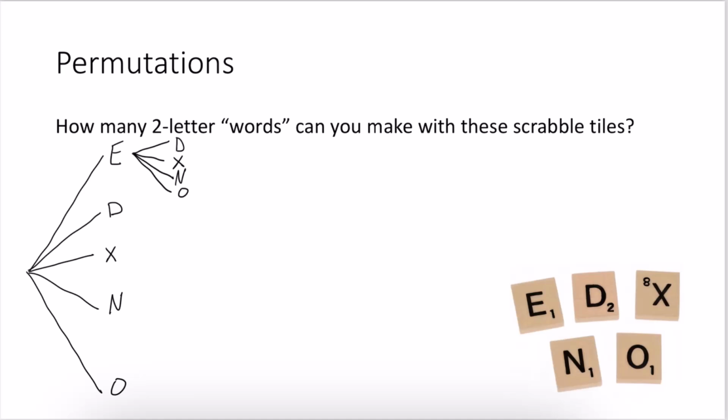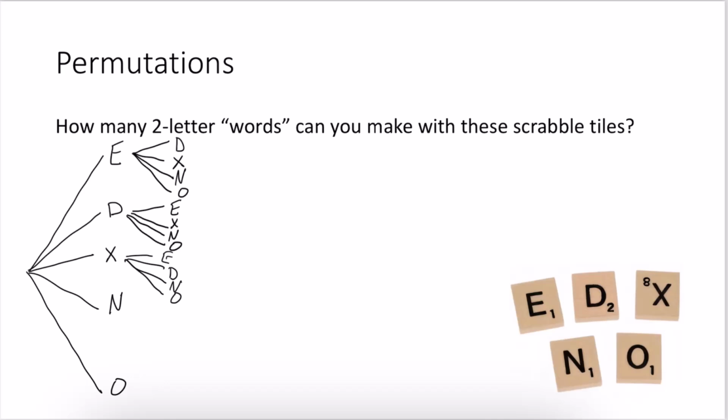And for the letter D, I also only have 4 options, even though they're different ones, because I could choose the letter E, since if I chose D first, E hasn't been chosen yet. I couldn't choose the letter D again, though, because I already chose it for the first one. I could choose the letter X, or the letter N, or the letter O. And then if I had chosen X first, I could choose E, D, N, or O for my next one.